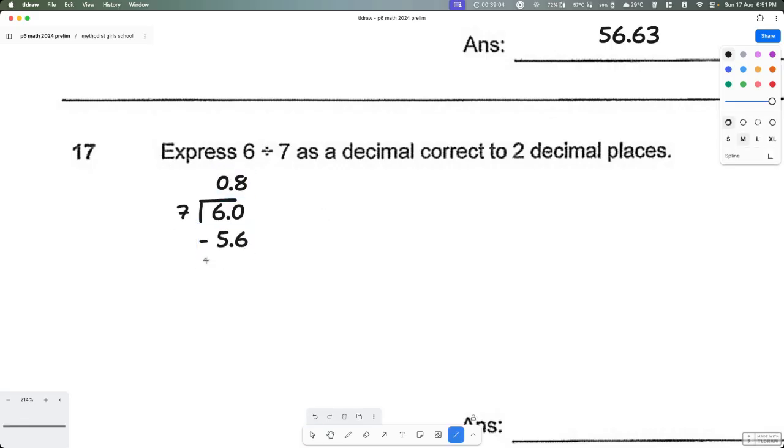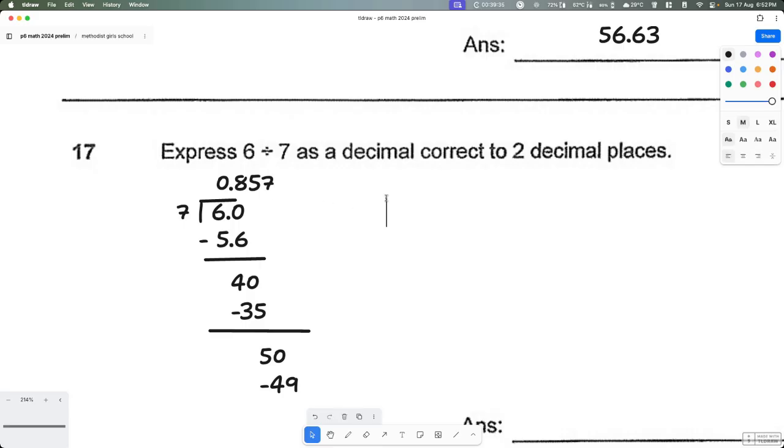Then this will become 40, and 7 times 5 is 35. So minus 35, and this will then be 5. So 0.85. And then let's do one more because we want to correct to 2 decimal places. This will be 50, and we minus 49. So that means this is 1.